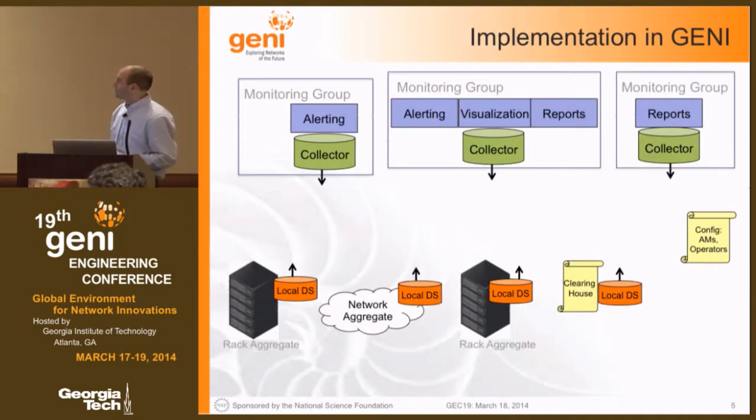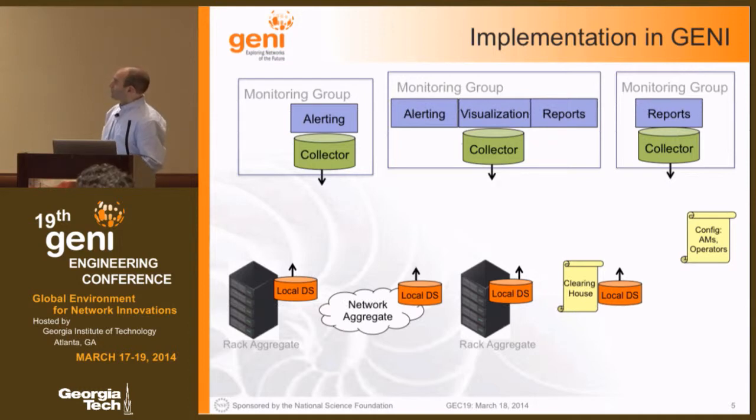And how this might look inside of the GENI architecture is basically what I was just saying, that the different aggregates have a local data store that exposes this API for different monitoring groups to collect information from.